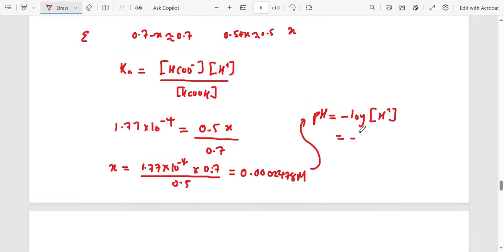And that is going to be negative log of 0.0024778. So I'll just say negative log of this value, and that has given me 3.61.